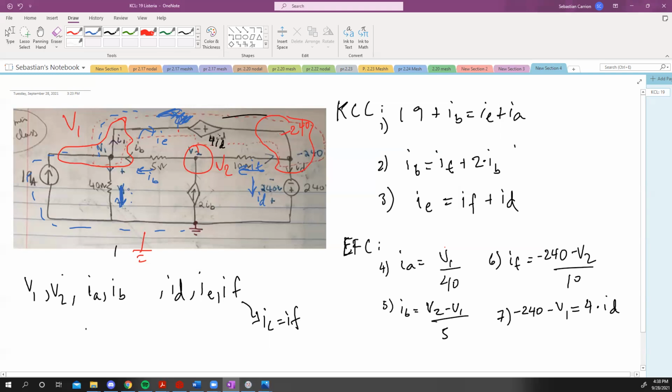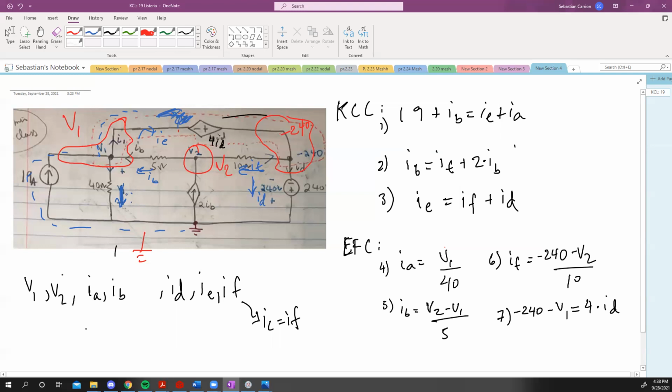Since we have that supernode, we need a second equation to relate it to the dependent source, which is 4ID equals minus V1 minus 240. Now we only have two equations, and since we have four unknowns, we need two more.